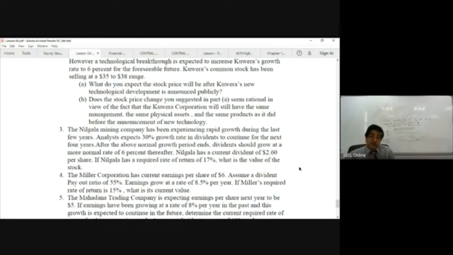D5 is D4 into 1 plus G. D4 we have already calculated, that is 260 into 1.30 to the power 4. Right, we will do it on the board, otherwise I think you might get confused.